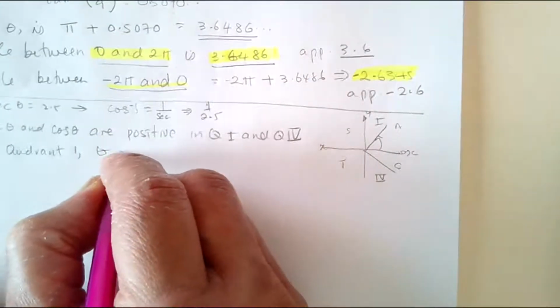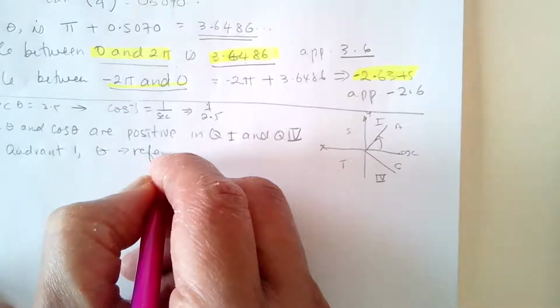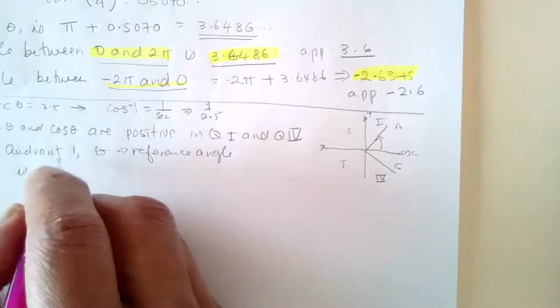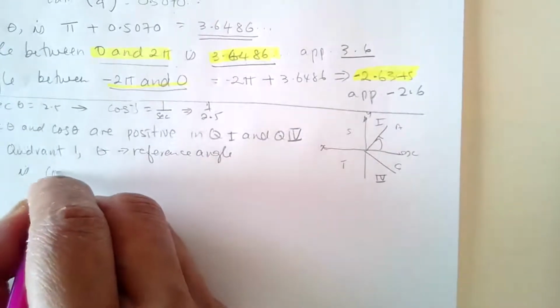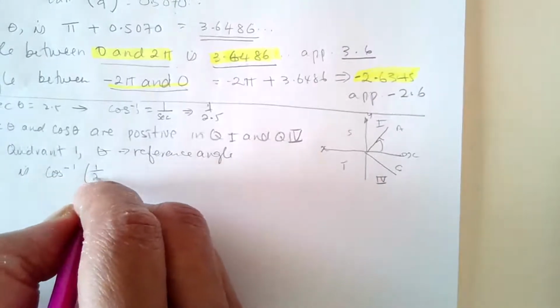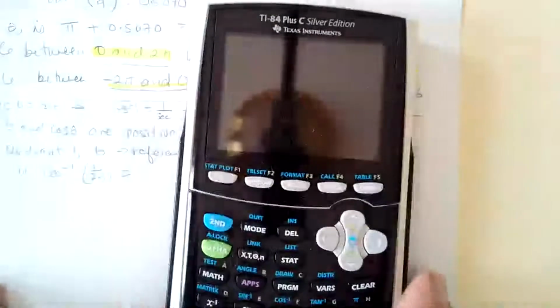So theta in quadrant 1, the reference angle, is cos inverse of 1 over 2.5. We'll have to use our calculator for this.